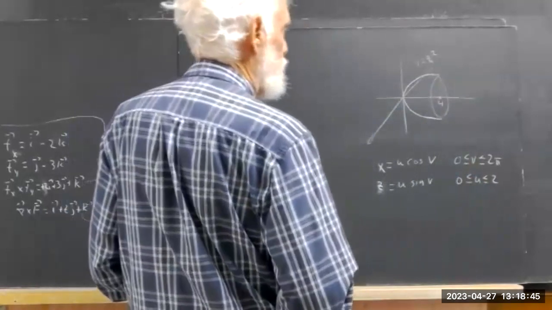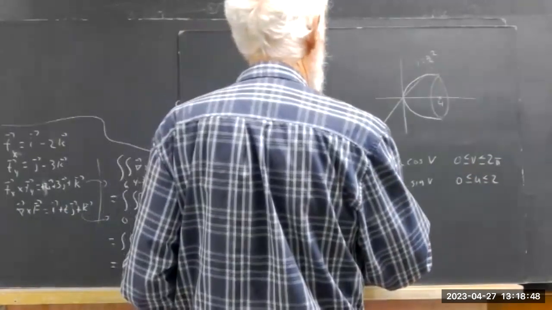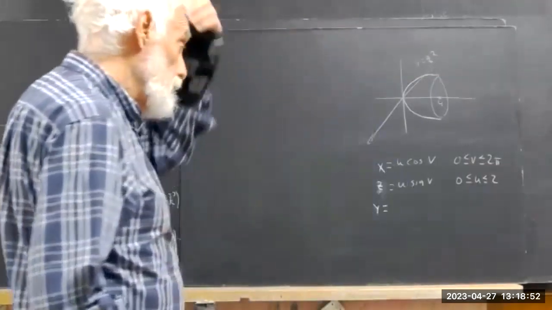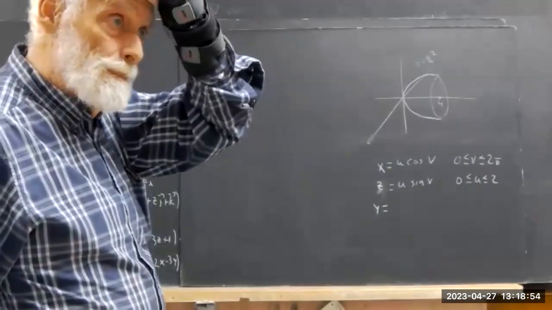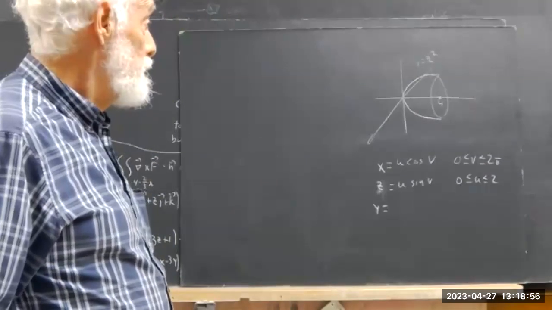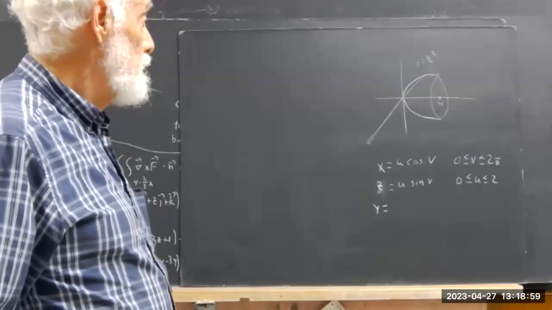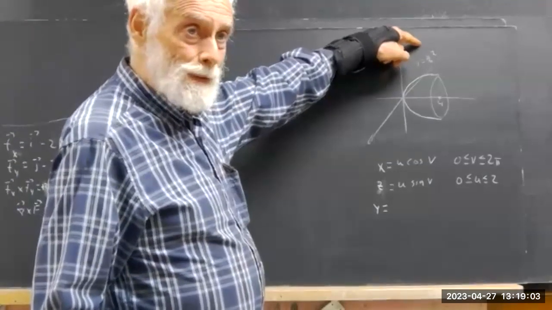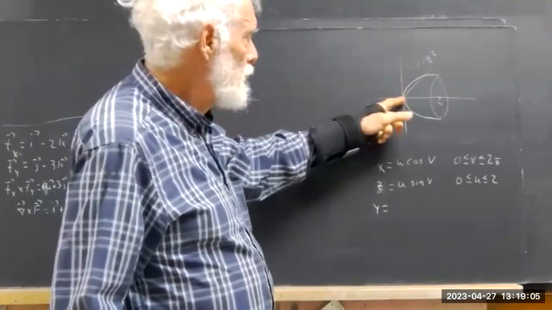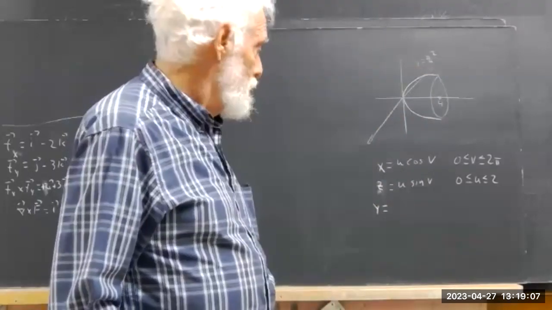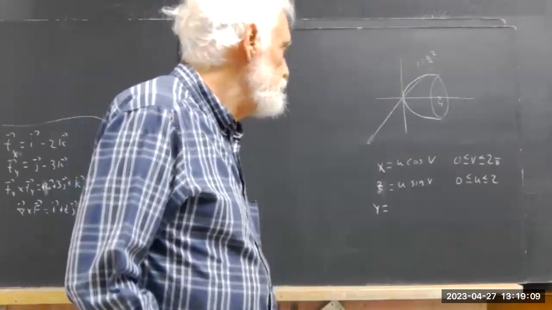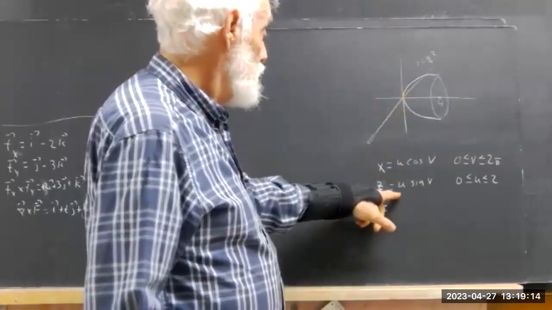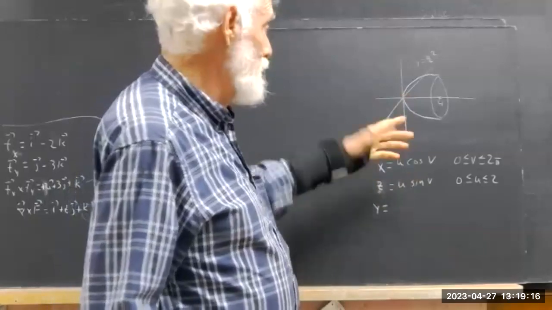Then y is z squared, at least from this line, but it's really in any circle.